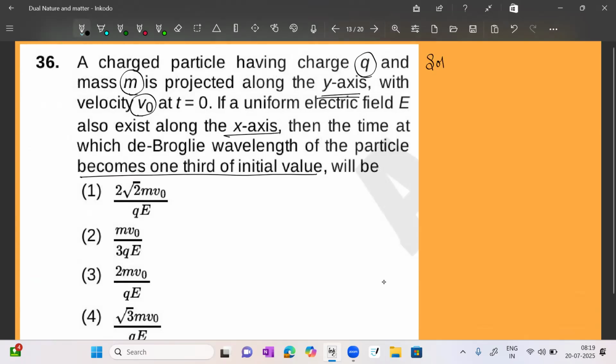Okay, see. So we should write here the acceleration. Why? Because it is a charged particle, meaning a positive charge. They have not mentioned it is a negative charge.